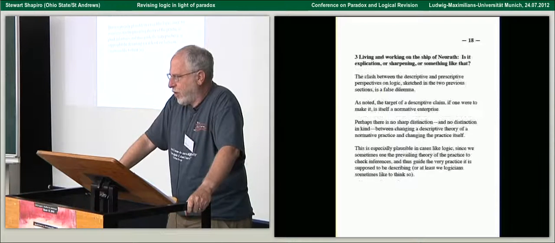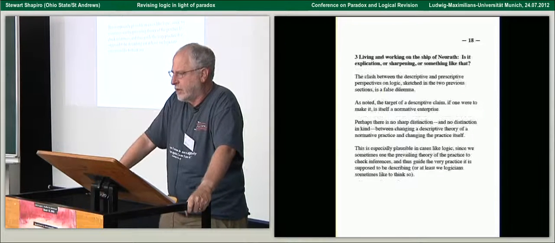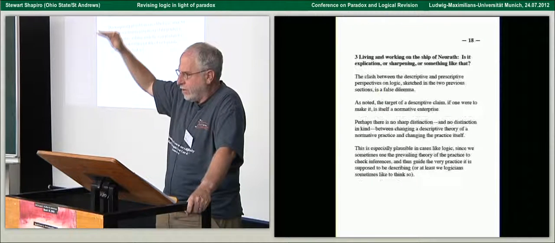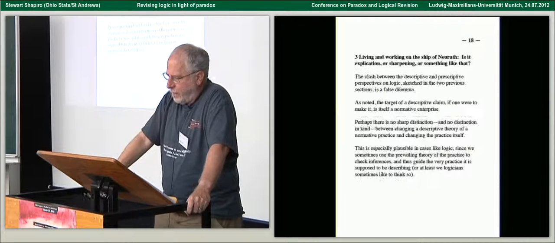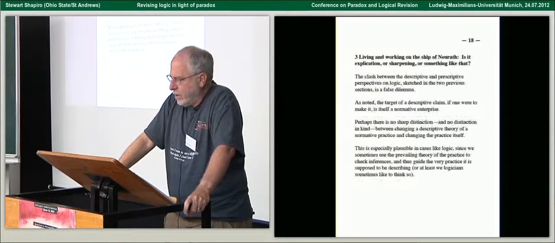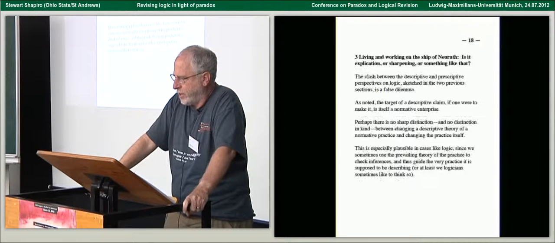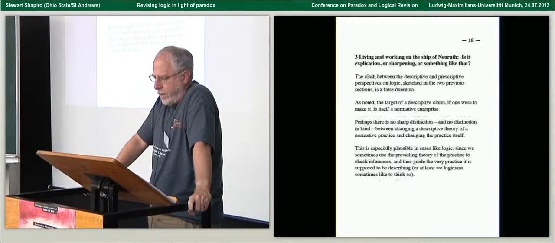As noted, the target of the descriptive claim, right? If you're going to make a descriptive claim about logic, that this theory is getting it right, the it that it's getting right has normative elements in it. Perhaps there's no sharp distinction. I'm not saying there's no distinction. Perhaps there's no sharp distinction and no distinction in kind between changing a descriptive theory of a normative practice, which is really what we're talking about here, and changing the practice itself.